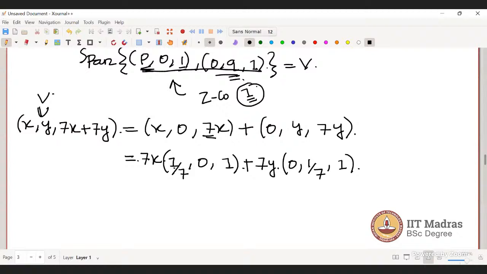Okay, sir. If I may come in over here on the question asked by the candidate, there was a tutorial help in week 4 that explained how it should be split. It can be split in multiple ways, but there is a standard algorithmic way that was suggested. See, in (x, y, 7x+7y), how many independent variables are there?